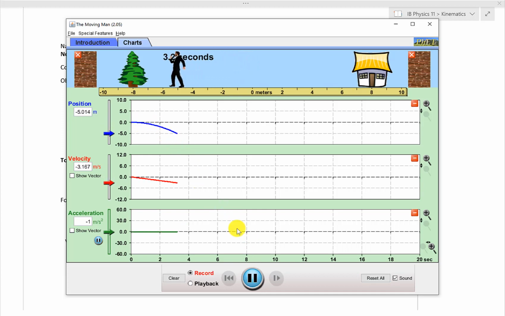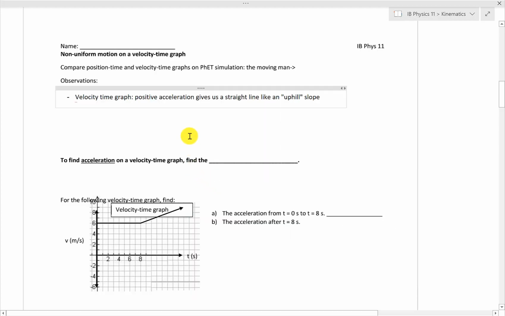Okay, the curve on your position time graph is curving downwards, showing a decrease in velocity, sloping downwards. Just like on your velocity time graph, acceleration still remains close to -1 if you zoom in. But notice here that on your velocity time graph, the line is going downhill. It's a straight line going downhill when you have a negative acceleration.